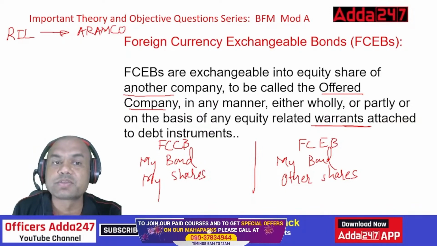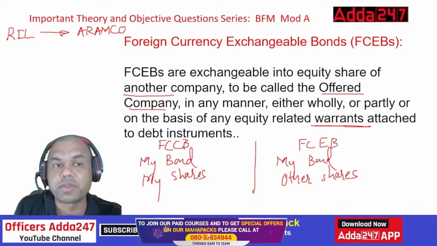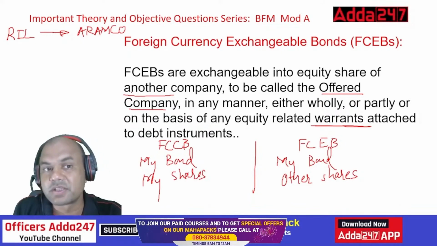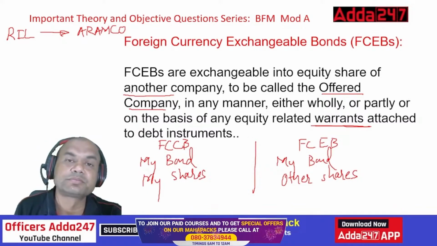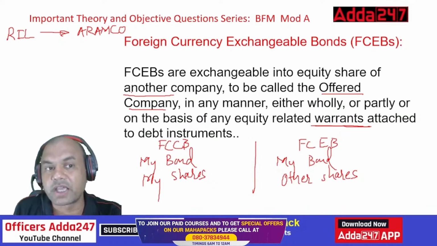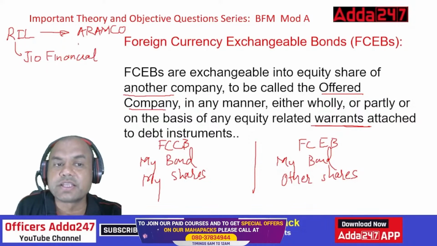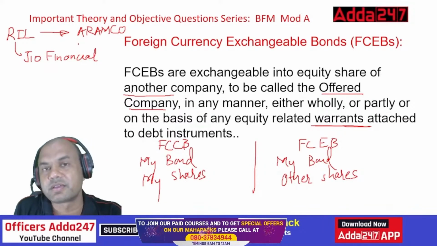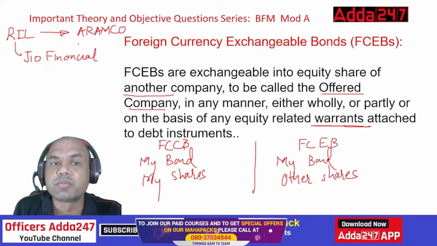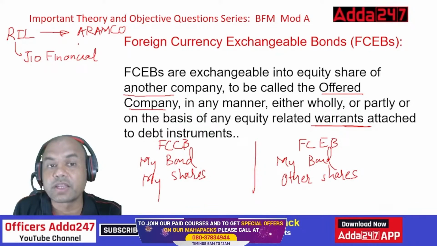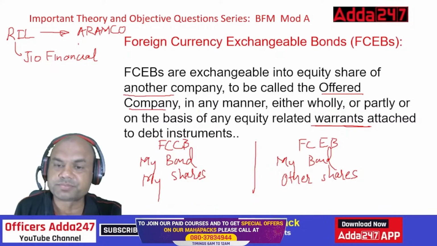Now RIL issues a bond to Aramco, FCEB, and tells Aramco that in exchange for these bonds, I will give you the shares of Jio Financial Services. Now you understand the deal. So these shares I'll give you in return for these bonds which you are holding. So that is known as FCEB. Okay. Got it clear?